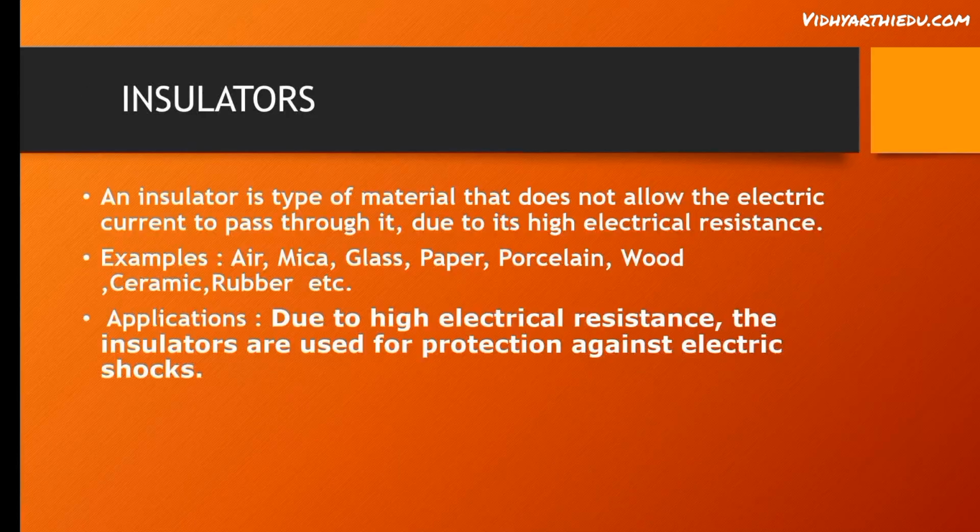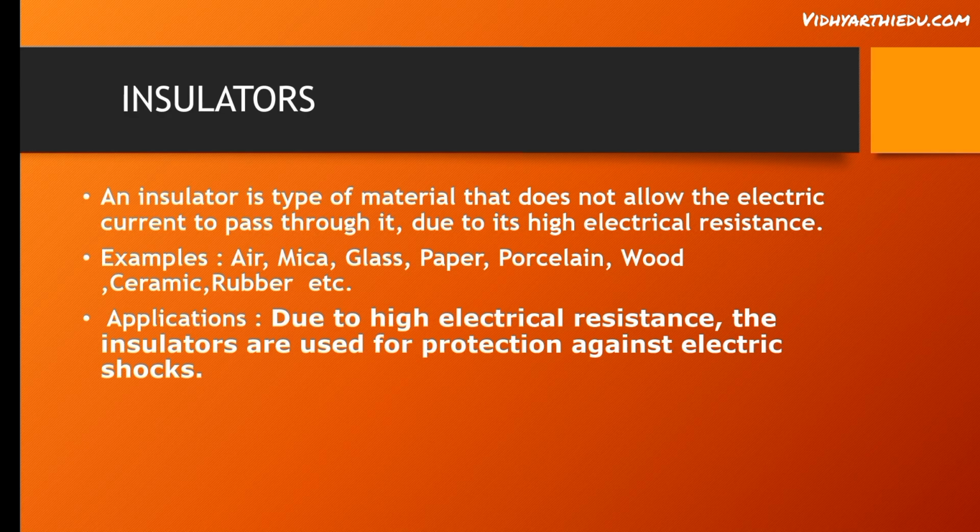Okay, next we go to another topic called insulators. An insulator is a type of material that does not allow the electric current to pass through it due to its high electrical resistance. So an insulator is a material or substance which does not allow the flow of electric current through it.